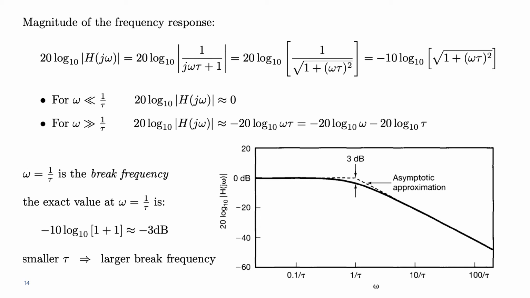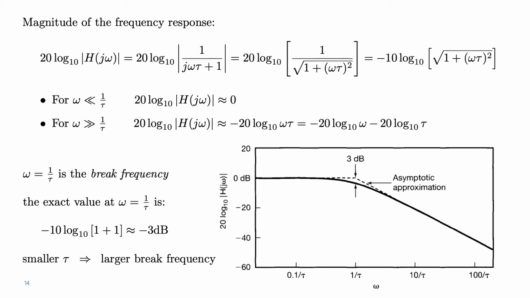However, in the other regime, when omega is much larger than 1 over tau, a good approximation is given by minus 20 log 10 omega minus 20 log 10 tau. So it's a straight line which decays by 20 dB per decade. It means that if omega grows by a factor of 10, the value of the response decays by 20 in a dB scale, right? And that's what we see there.